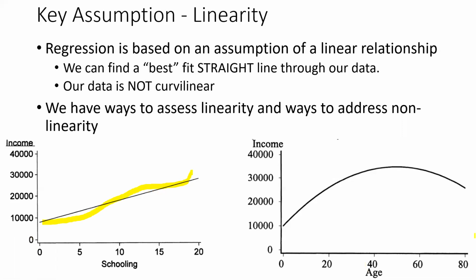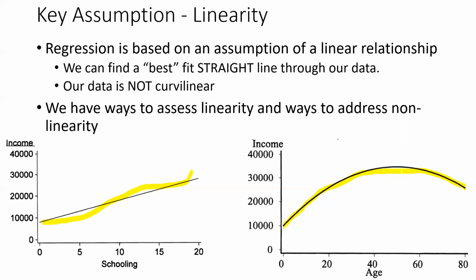On the right, we have a curvilinear relationship that looks at the effect of age on income. So notice that this kind of goes up and then down, and we can expect that that might be what happens with this curve. So the income likely increases until we hit middle age, and maybe 55, this is about the point that it's the highest, and then it starts to decline again.